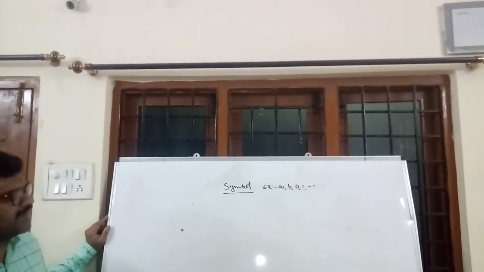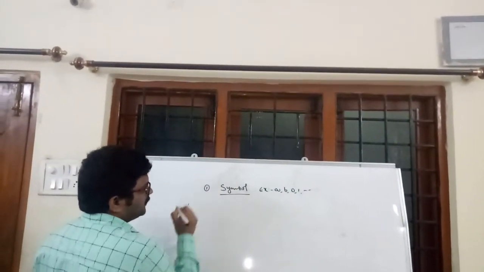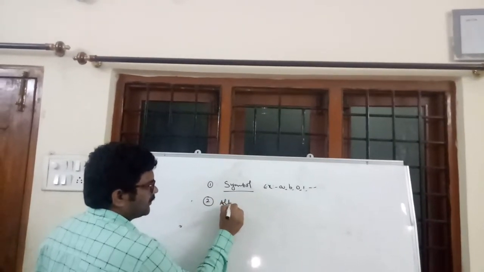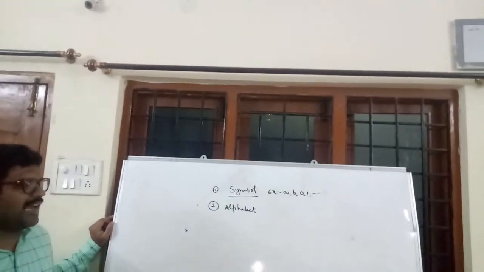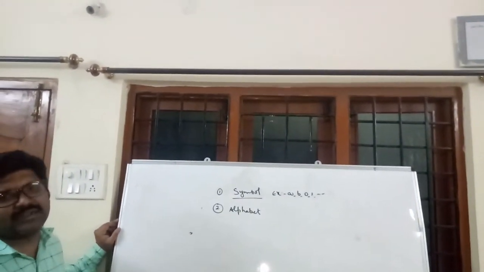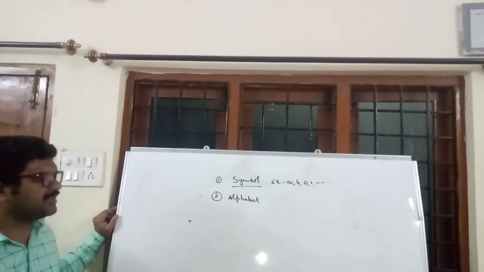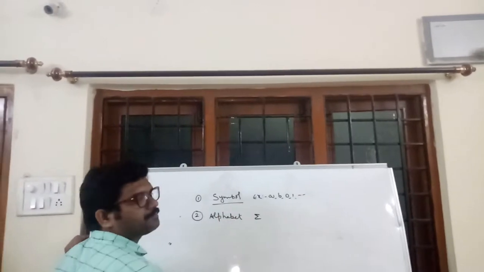This is my first definition, symbol. Then the second definition is alphabet. What is alphabet? Alphabet is nothing but a set of symbols. Generally alphabet is denoted with sigma.